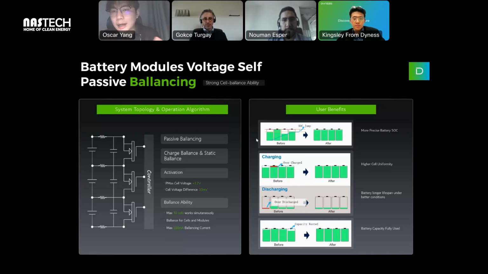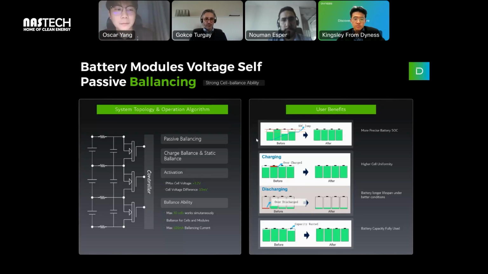Also, I see one of our customers is asking whether Dyness offers active balancing as an option. Actually, I would like to explain the differences between passive and active balancing here. Active balancing works 24/7, all day, monitoring in real time the SOC and voltage level of every single battery cell.